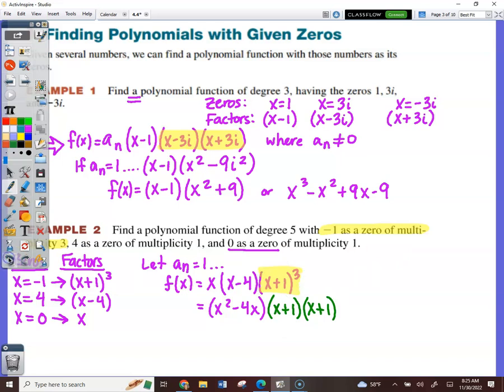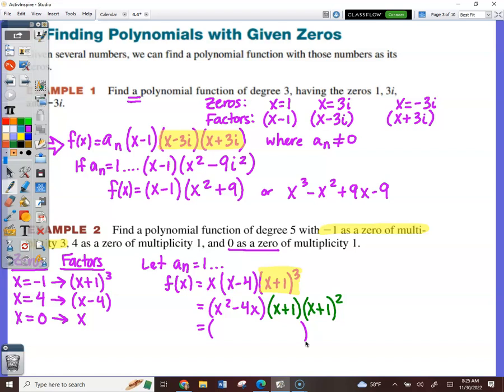So this has to be multiplied together. It's going to give me 4 terms. You're going to do first, outer, inner, last, or you're going to distribute, however you want to say it.